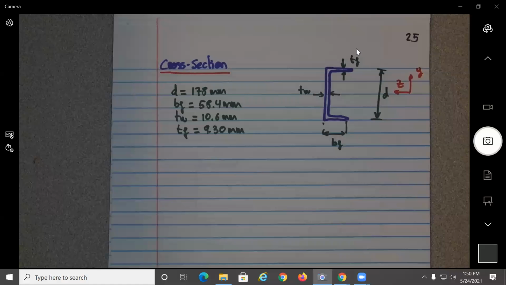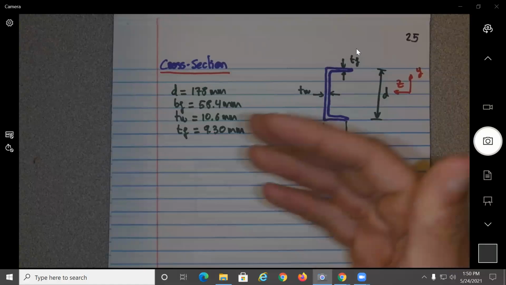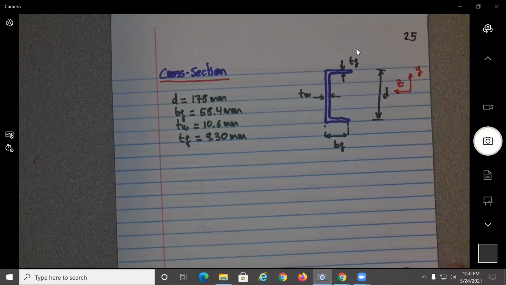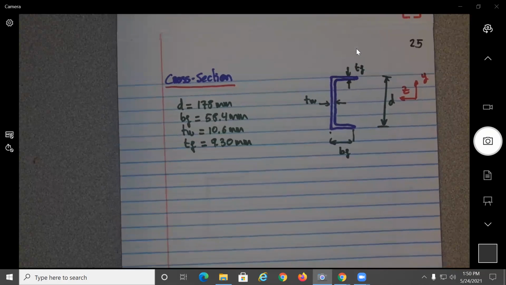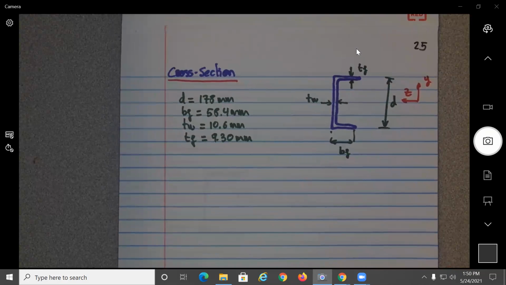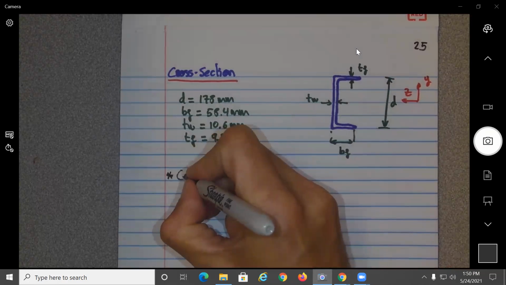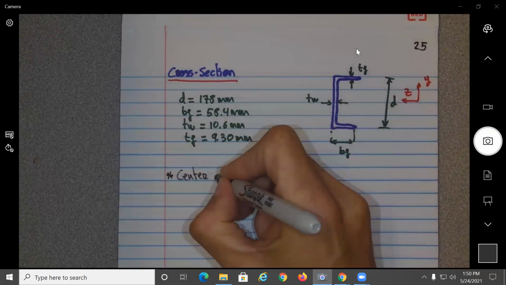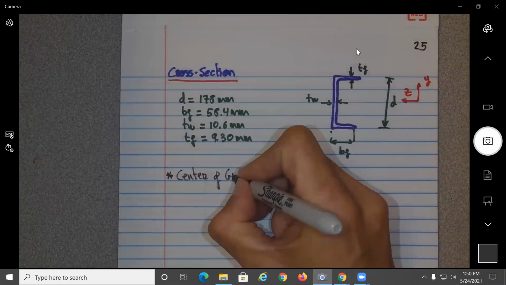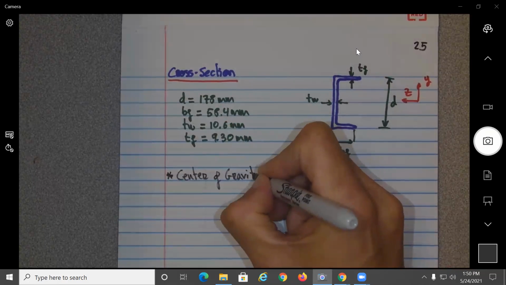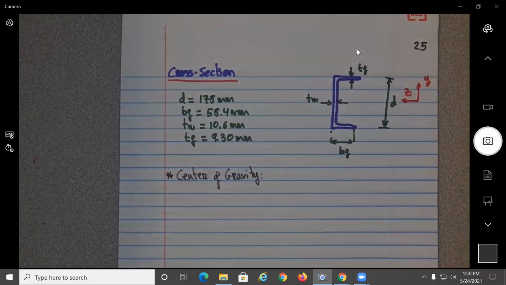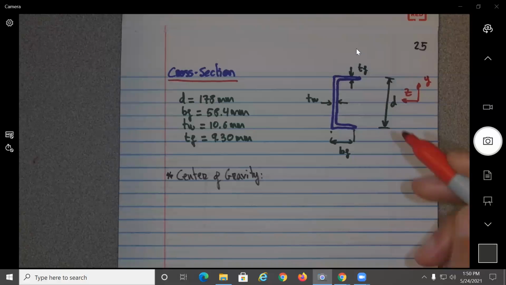All right, so just as a review, we're going to show you how to calculate the moments of inertia. So the first thing we need to do, which in this case is very easy, is to find the location of the center of gravity. So first thing we're going to do is center of gravity location.